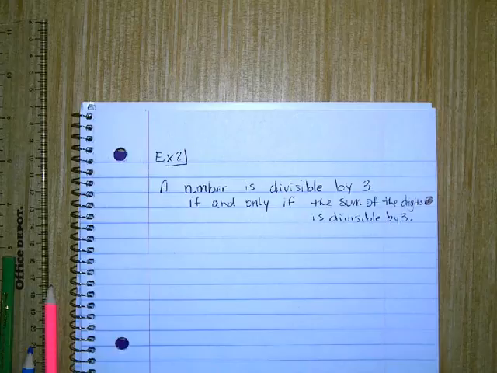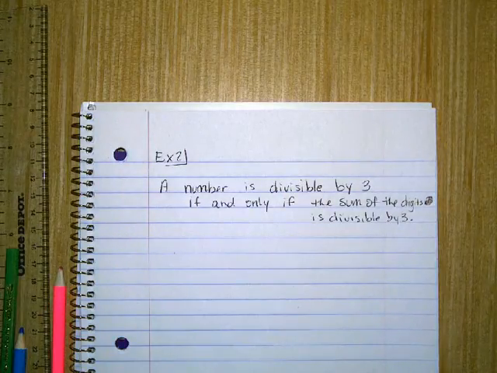Example 2. Write this on your paper. A number is divisible by 3 if and only if the sum of the digits is divisible by 3.